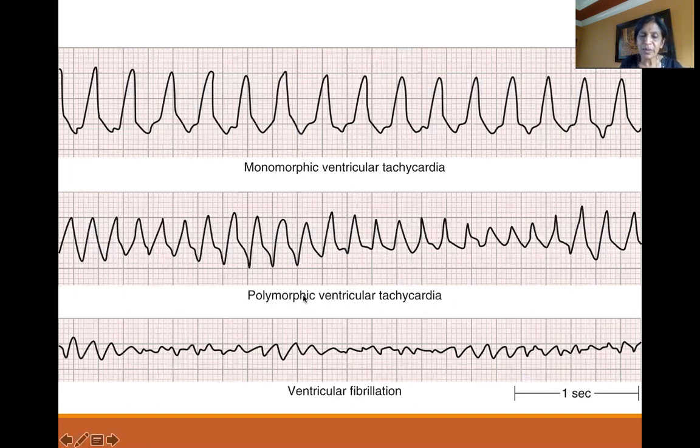So the morphology, the size and the shape, varies between QRS waves, because you're looking at the groups of muscle fibers that are active. Ventricular fibrillation is where you don't see a normal QRS wave. This is again a flutter wave. That's why it's not able to initiate the pumping action of the heart.